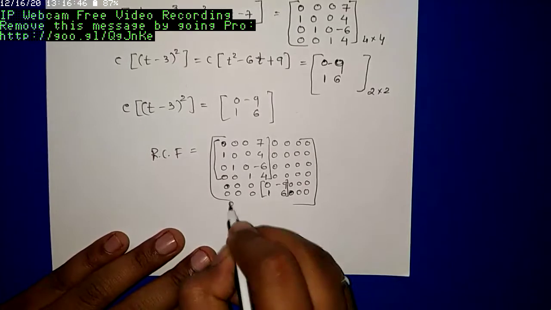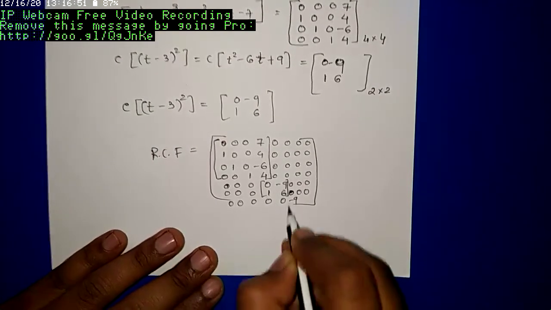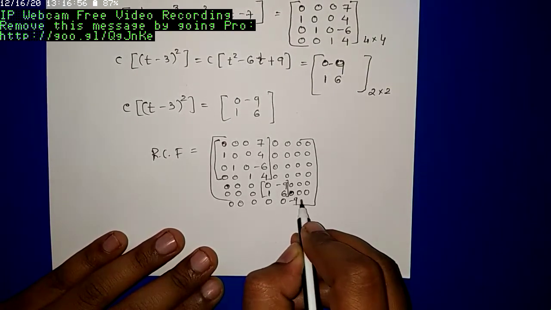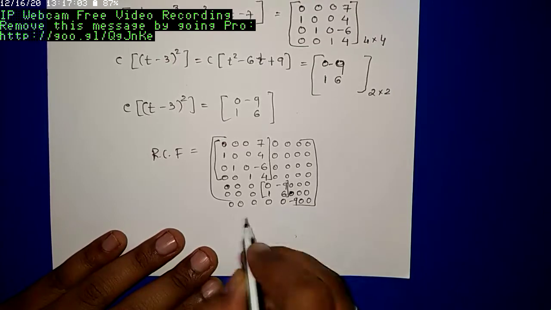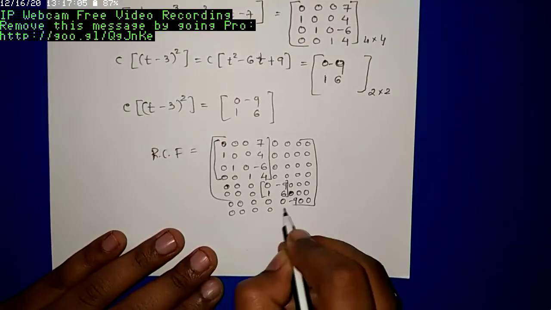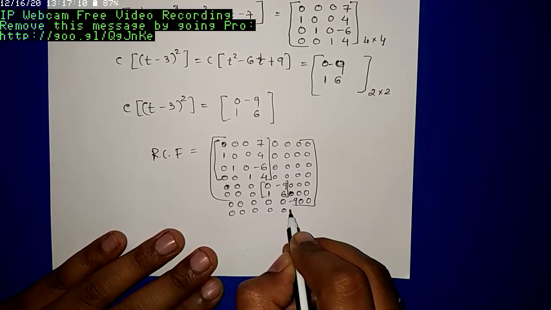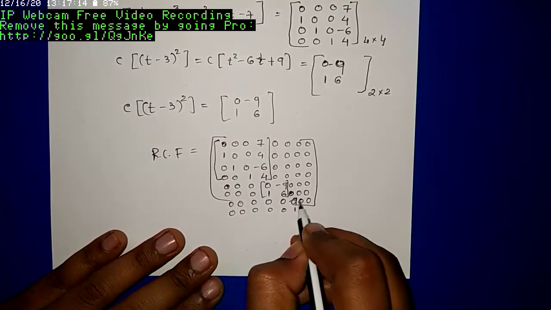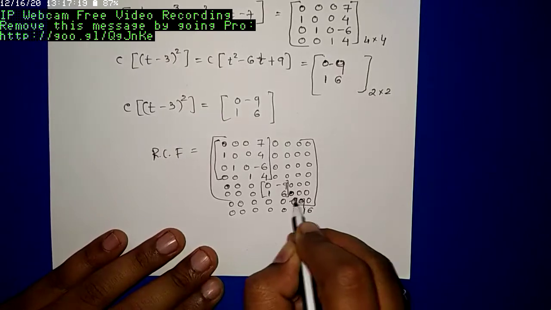Now 0 0 0 0 0 minus 9, 0 0 0 0 0, sorry, 1. Okay, I made a mistake here, 0 and minus 9 here, and here 0 1 6. So this is your another factor.